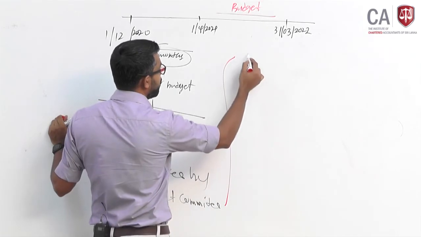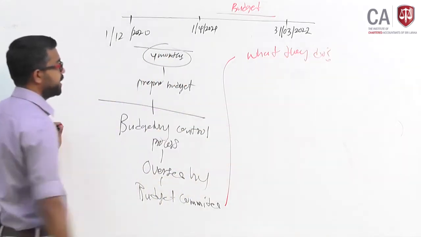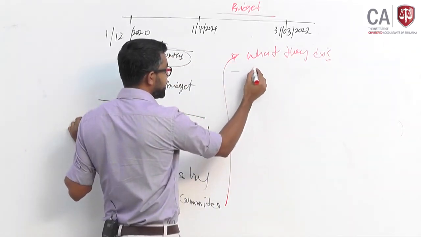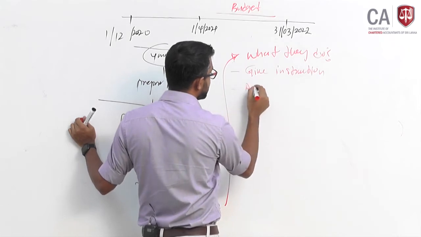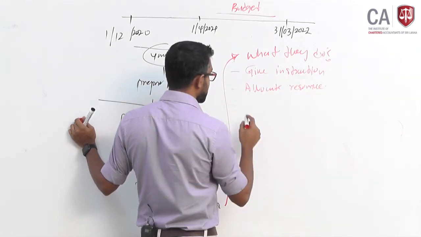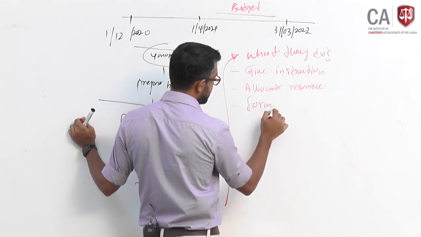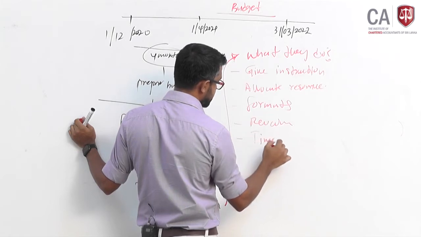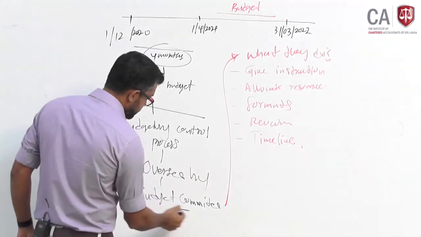Let me explain a little before we discuss. They give instructions, allocate resources, give formats, review, and decide timelines. So basically they do this kind of high level activity. Who does all of this? The budget committee.